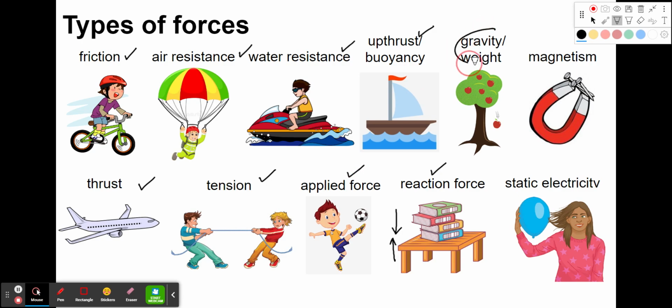Whereas we have gravity and weight, magnetism, and static electricity. These are all non-contact forces. With these, the objects do not have to be touching. The apple isn't touching anything, it's not touching the earth, but it is still falling towards the earth. And we know that magnets can attract magnetic materials even when they're not touching them.